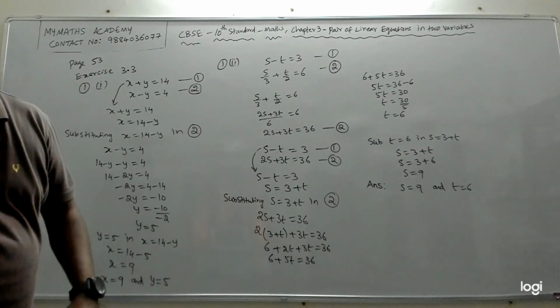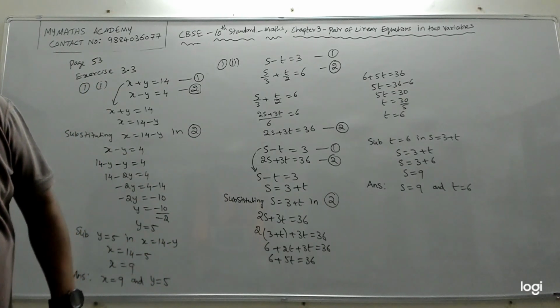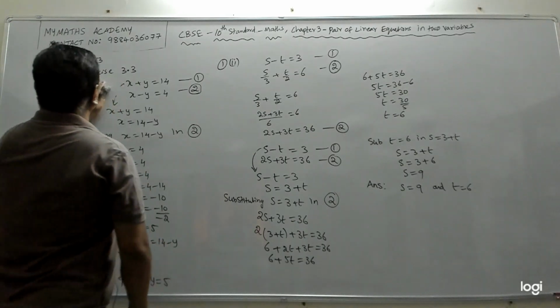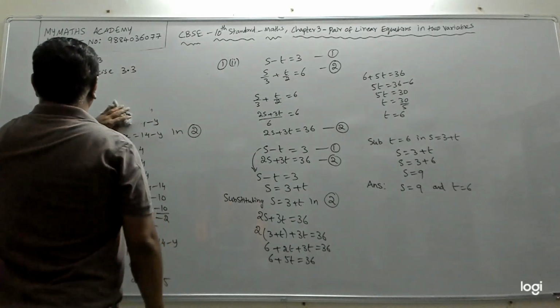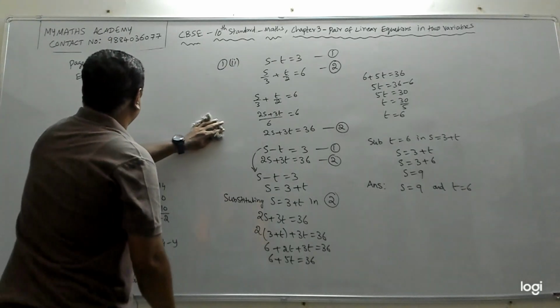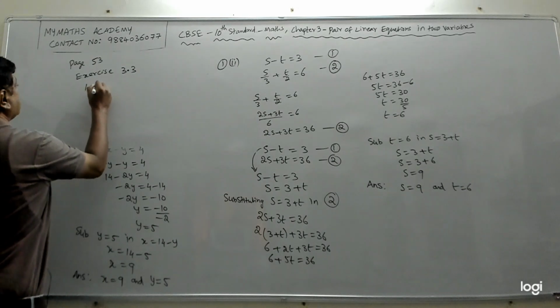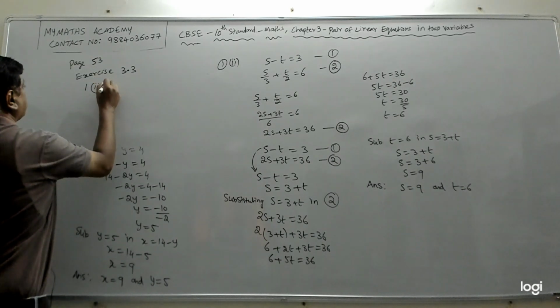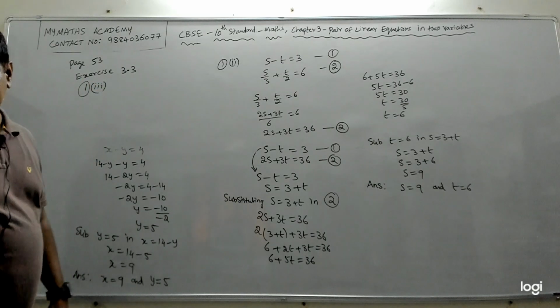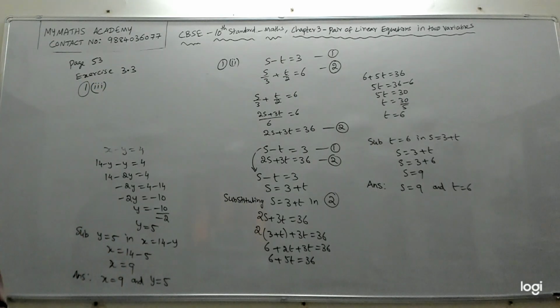Now let's do the next one, the third one. Let's do the third problem. First question, third problem. So what is it? The given equation is 3x.